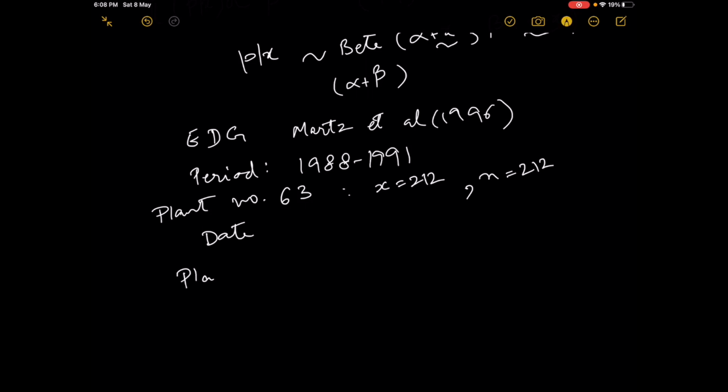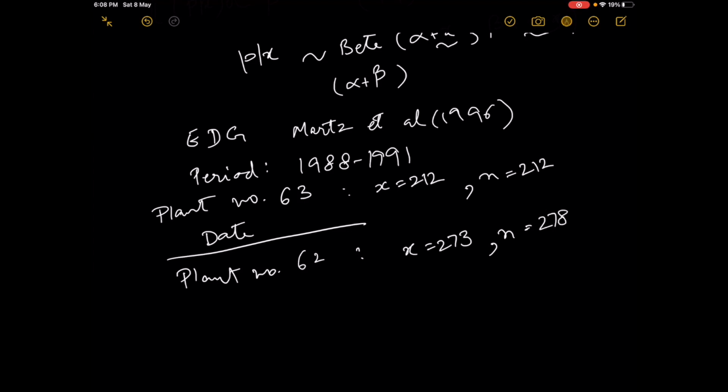And for the prior distribution, we take plant number 62, which has recorded 273 successful starts with 278 demands on EDG.